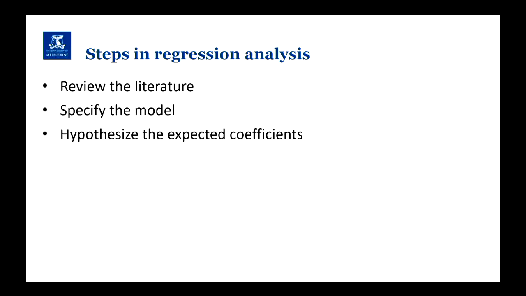We see, okay, maybe there is a positive relationship, or there should be a negative relationship. So that could guide us to test or to adjust the following estimation results.